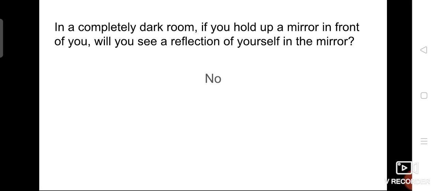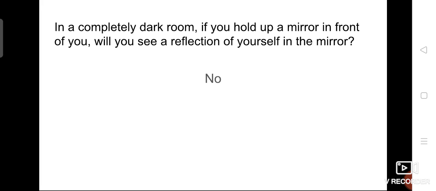Okay. The last question: in a completely dark room, if you hold up a mirror in front of you, will you see a reflection of yourself in the mirror? First of all, a mirror is an opaque object, isn't it? So no transparency, so it won't allow the light to pass.